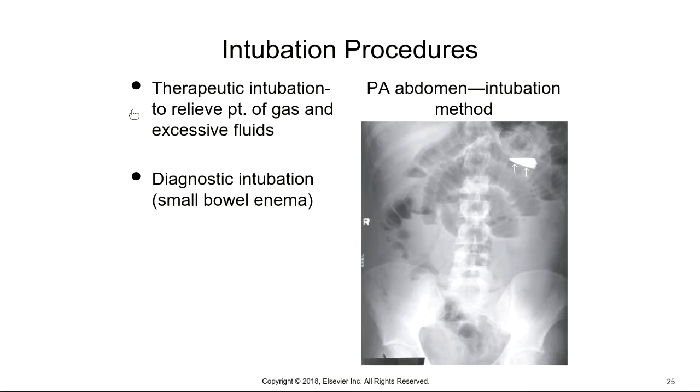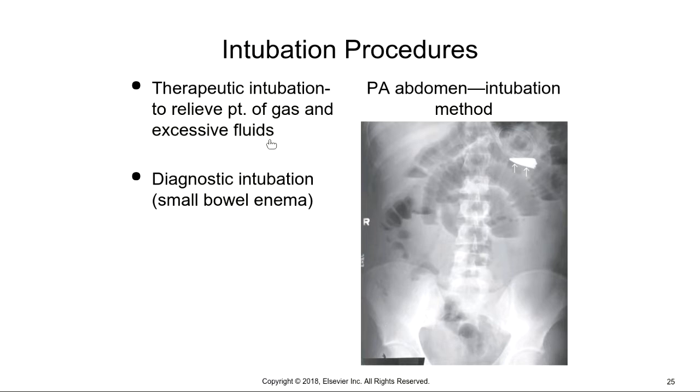We already know that the patient has either excessive gas or excessive fluids. Typically, it can be because of surgery. But what they do is they intubate the patient, or they put a tube down the patient, and they can actually withdraw the gas or the air or the excess fluids out.